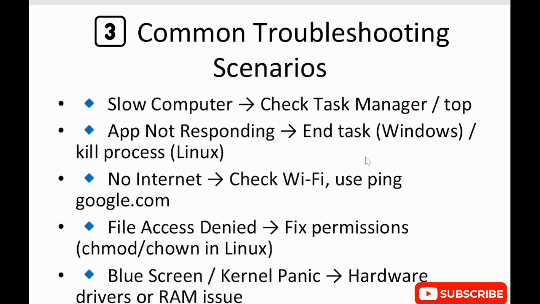Okay, see whether the processes are running or not, whether services are stopped. Maybe in that scenario, if the services are not running, the computer will get slow. So this should come to your mind first: go and check the Task Manager. And in Linux, you can use the top command. Okay.